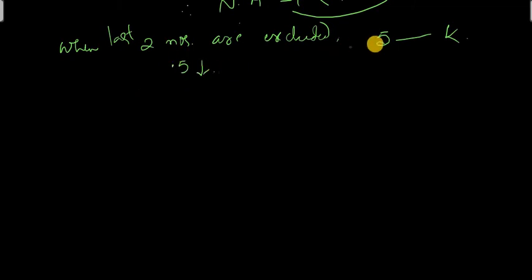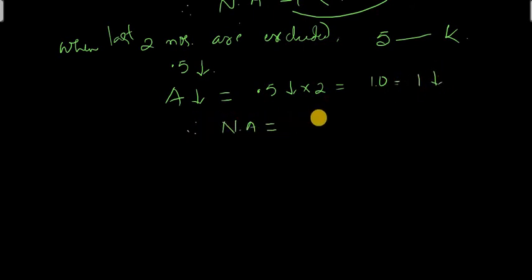So for two numbers, 2 times 0.5 is 1.0, equal to 1 decreased. Therefore the new average will be k minus 1. This is the new average.